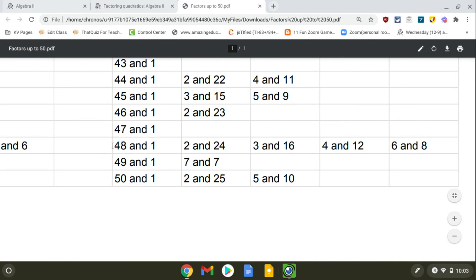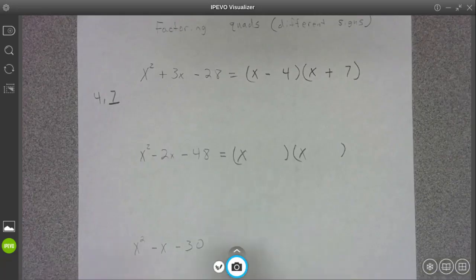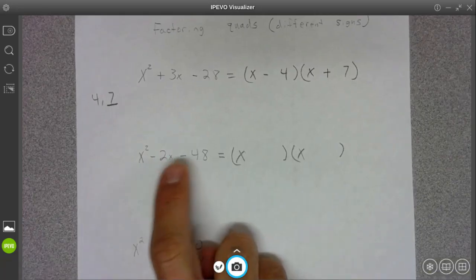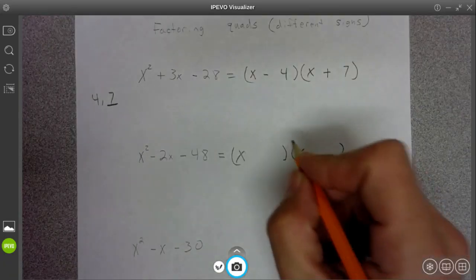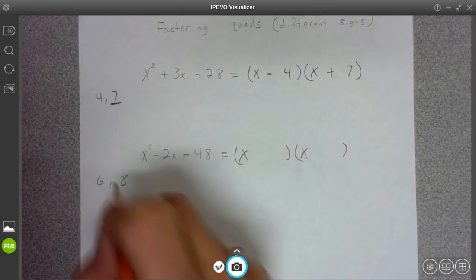But these do not subtract to give us 2. Remember, we want them to subtract to give us the 2. See here, this subtracts to give us 8. 6 and 8 multiply to 48, and they will subtract to give you 2. So 6 and 8.